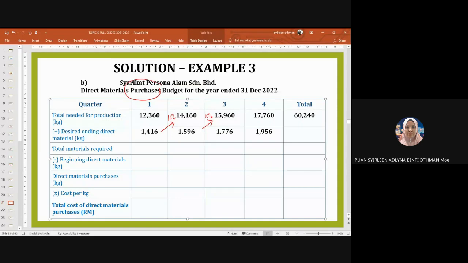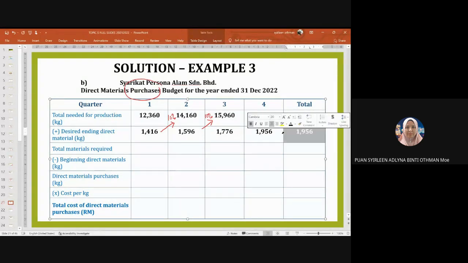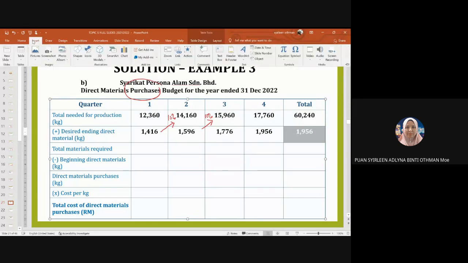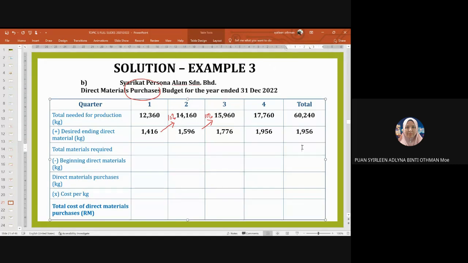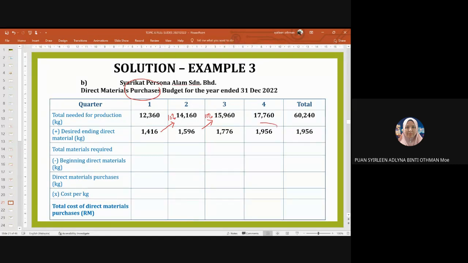Ending inventory ya, so you jangan pergi campur. So ending inventory is actually samalah dengan quarter 4. Okay. So ini ending inventory 1956. Ending inventory adalah nilai terakhir dalam awak punya quarters. Okay.